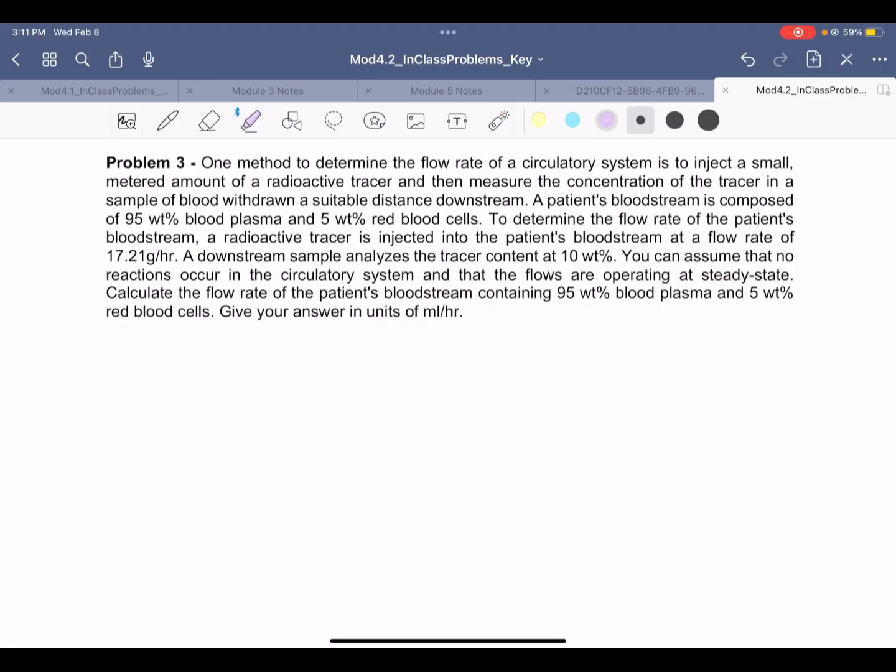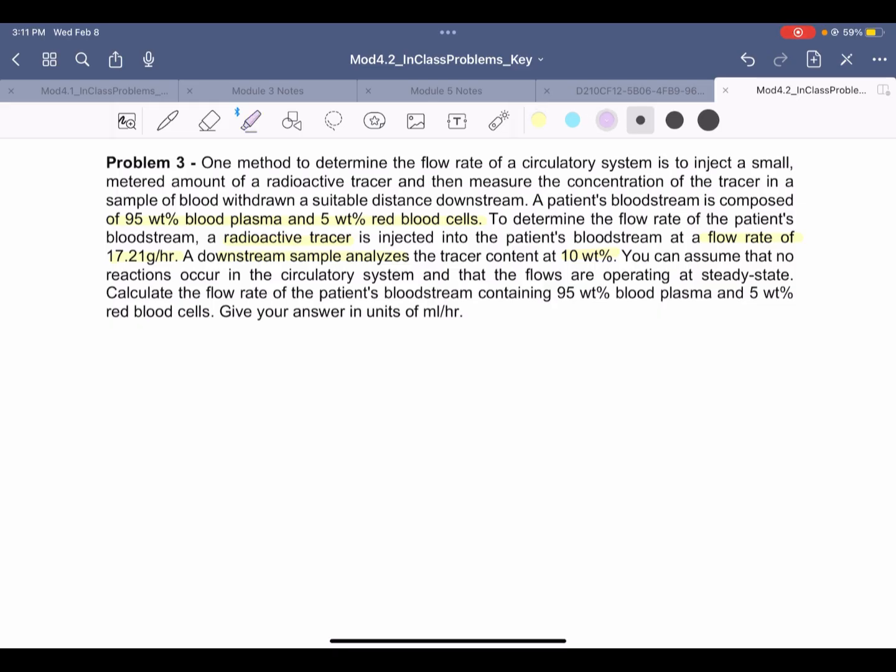Okay, so I'm going to start by highlighting all the information that I think is important. In yellow, I'm going to highlight everything that is known. So we know that the radioactive tracer flows at this rate, and that the content of the sample downstream is 10%, and that's it.